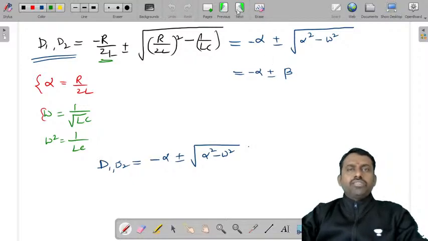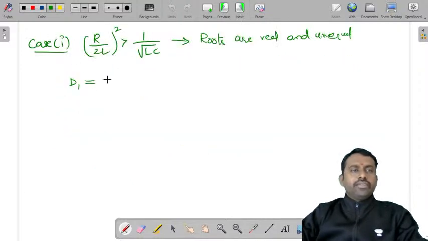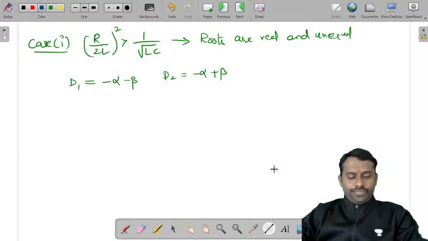So minus alpha plus or minus beta. You'll get D1 is equal to minus alpha minus beta and D2 is equal to minus alpha plus beta. So this beta value is a positive value. Then what is the response of the system?